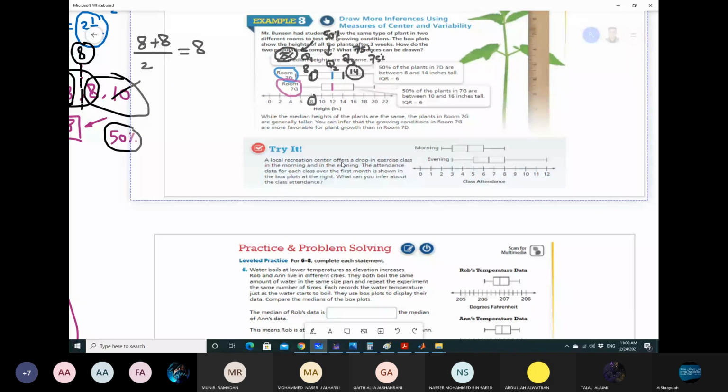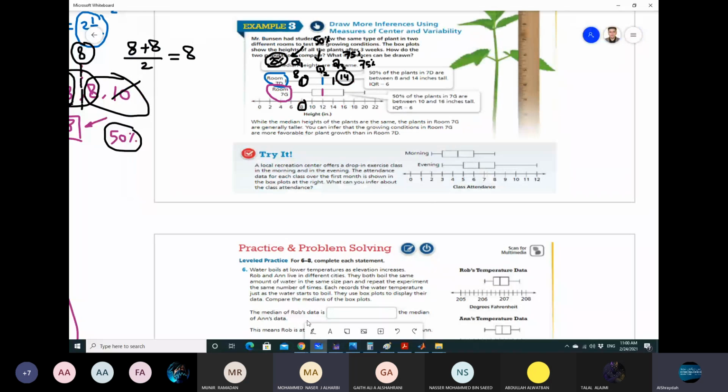Can you see my screen? This is the first group and this is the second group. The attendance data for each class over the first month is shown in the box plots at the right.